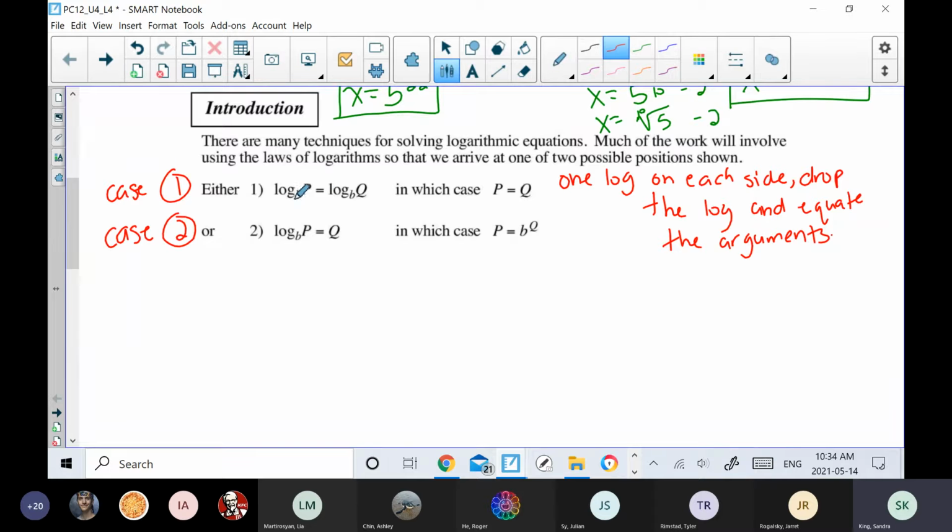So if you've got log base B of P is equal to log base B of Q, they're logs with the same base. I could drop the logs, and then equate these two arguments. So P is equal to Q.